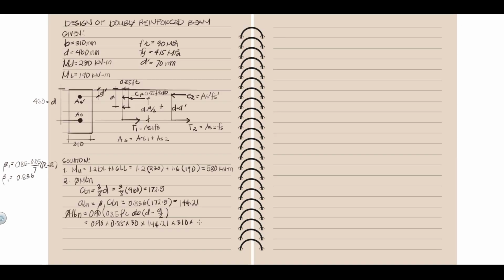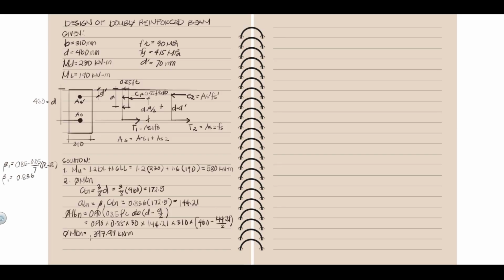And then the moment arm D is 460 minus A over 2, that is 144.21 over 2. So we will have phi MTN of 397.97 kilonewton meter.